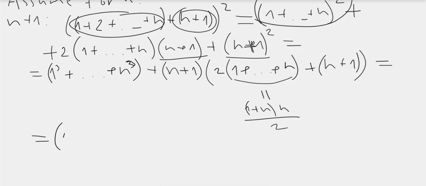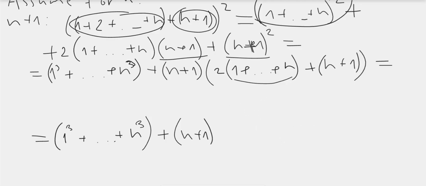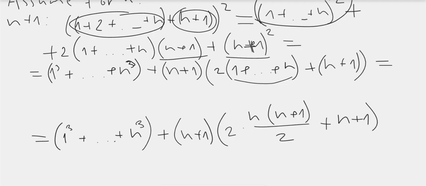When we replace this, we get first 1 cubed plus and so on plus n cubed, plus n plus 1 multiplied by 2n plus 1 over 2, plus n plus 1.